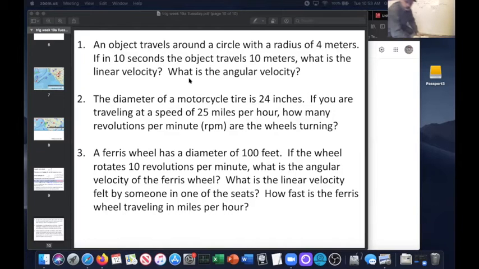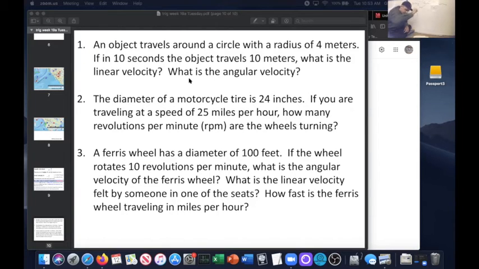And we're told that this rotates a certain amount of revolutions per time while these people are sitting, going around in a circle, taking pictures and selfies, and having a good old time.